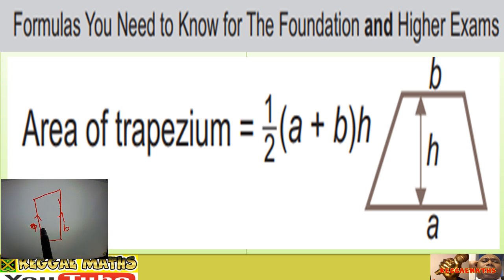Your perpendicular height must form a right angle, so your height is here.